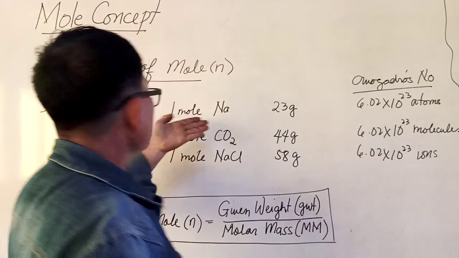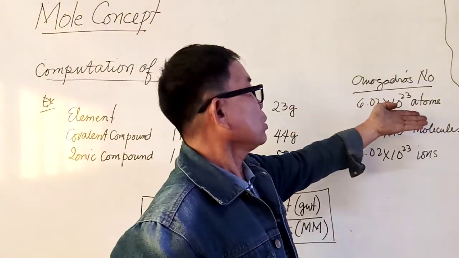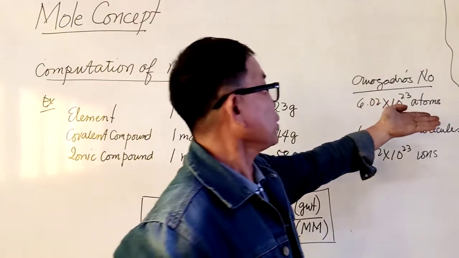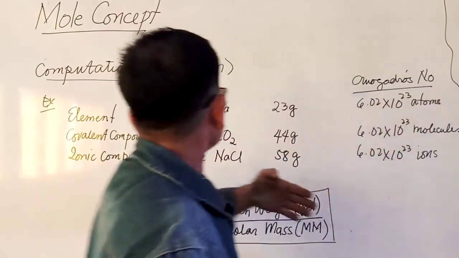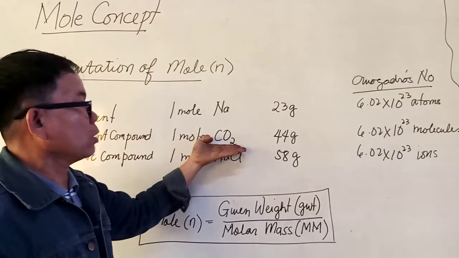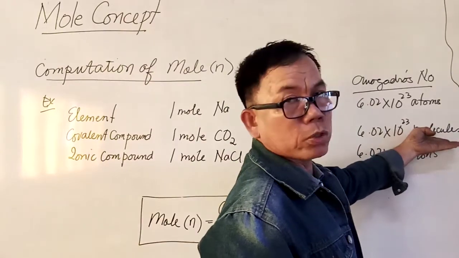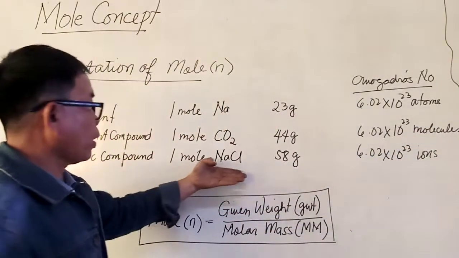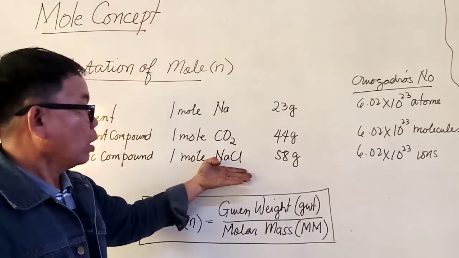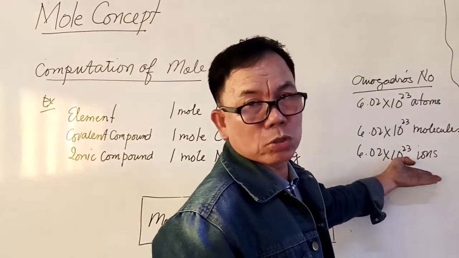Since sodium is an element, the simplest particle of an element is the atom. The same is true with a compound. For a covalent compound like carbon dioxide, its simplest particle is known as molecules. For sodium chloride, our common table salt, its simplest particle is composed of ions.